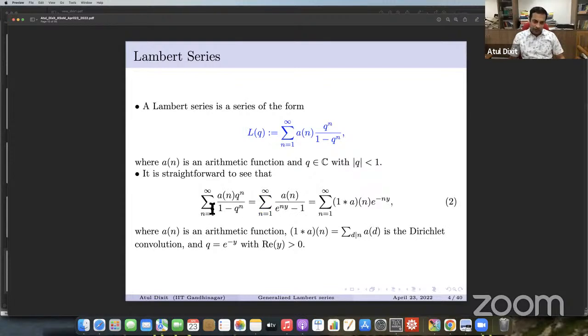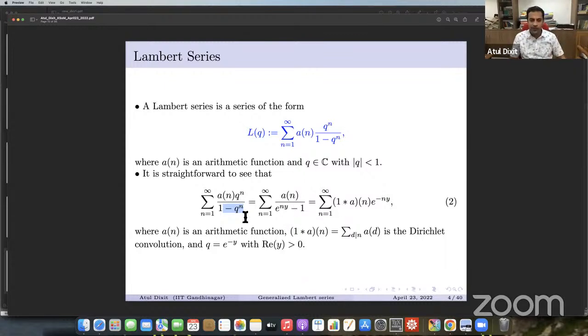Then it is straightforward to see that if you put q as e raised to minus y, with real part of y greater than 0, so that mod q is less than 1, then q to the n over 1 minus q to the power n just becomes 1 upon e raised to ny minus 1. And then you write this series in this form where the coefficients are now the Dirichlet convolution of a with the function which is identically equal to 1 at all positive integers.